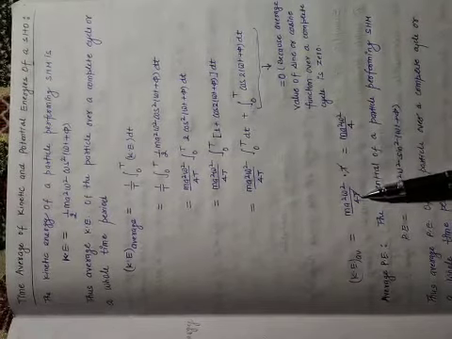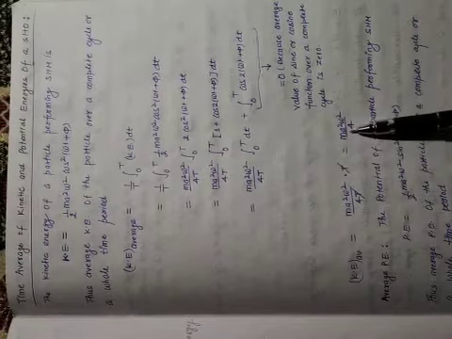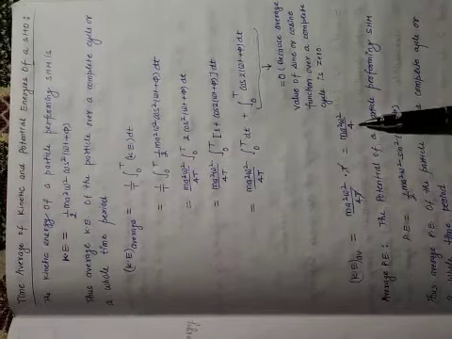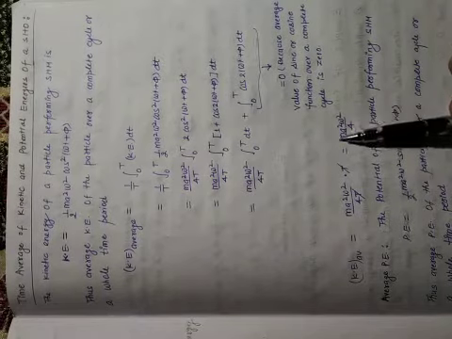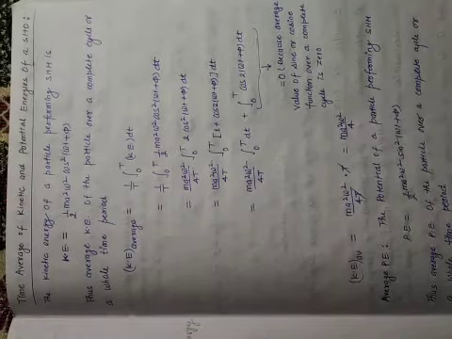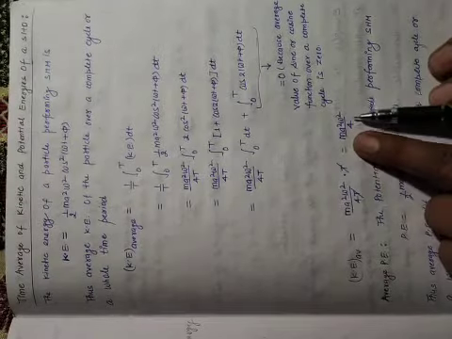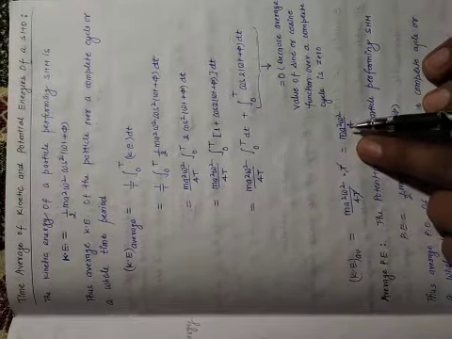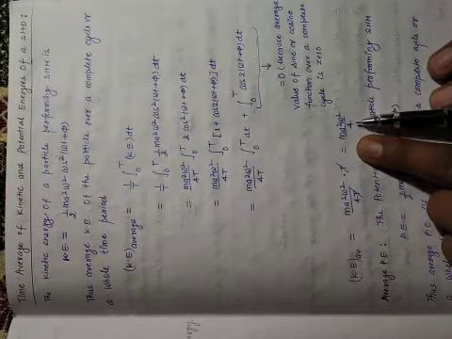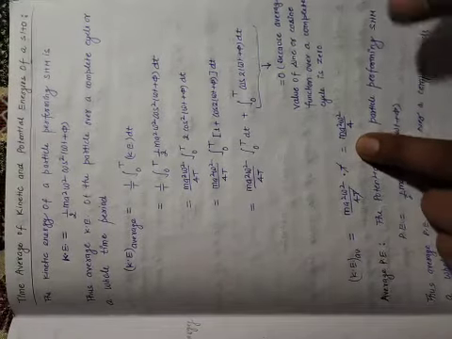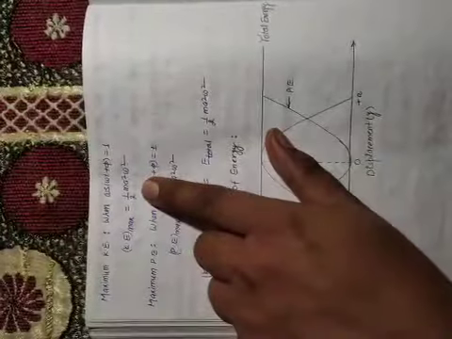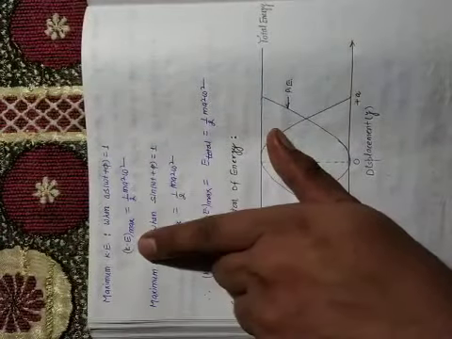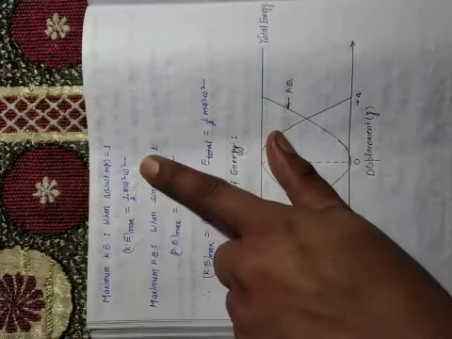So t is cancelled with t, and we are left with ma square omega square. And look at this relation. This is the average kinetic energy, ma square omega square over 4. And look here, the maximum kinetic energy is half ma square omega square.